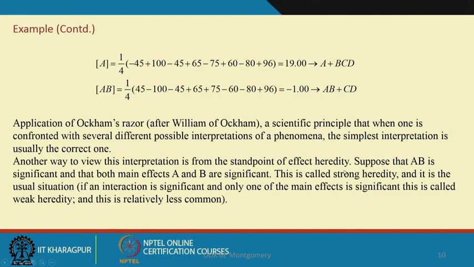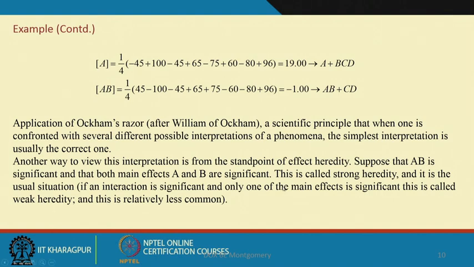Another viewpoint is the standpoint of effect heredity. What is this? Suppose that AB is significant and both main effects A and B are significant. In that case, it is a strong heredity. The reason is A and B are significant and AB is also significant. Another one is that suppose AB is significant, but one of A and B is not significant.